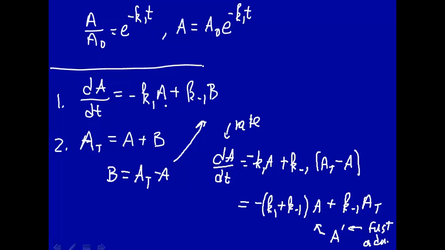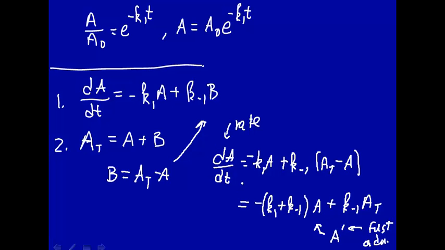Even though we might have thought at first that with A and B as two independent variables, maybe it would be a second order or something more complicated. But in fact, because of this conservation condition, there's a stoichiometric relationship between A and B, and therefore it is just first order.